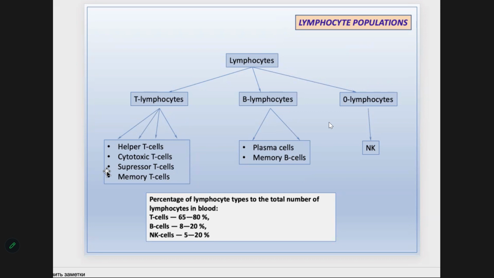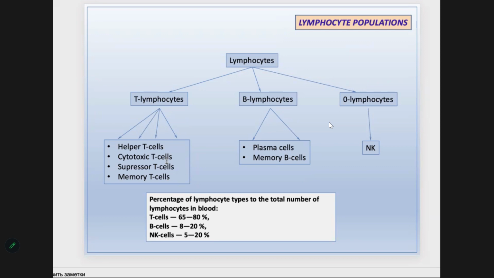Immunocompetent subpopulations are presented here in this table. According to their functions and the receptors on their surface plasma membrane, all T lymphocytes are subdivided into T helpers, T suppressors, T cytotoxic cells, and T memory cells.